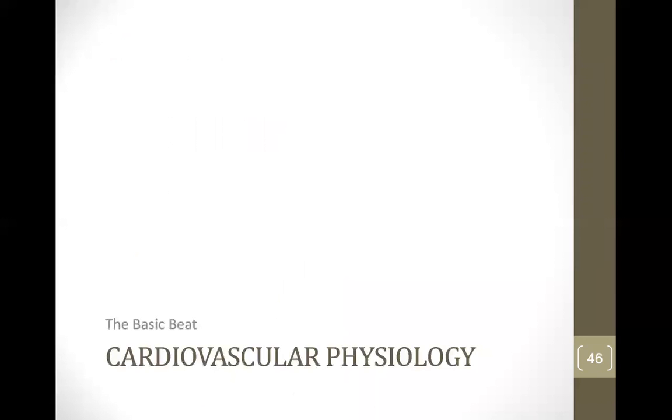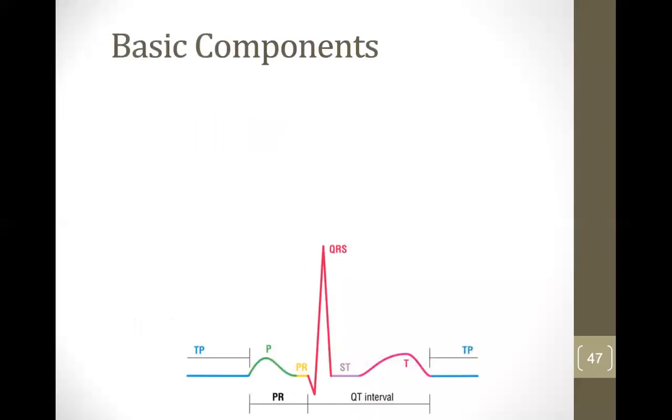Instead, it's actually the electricity of the heart. So let's talk about what we are looking at and what is happening within the heart when we see this graphical representation. We're going to look at the basic beat. This is what a normal sinus EKG rhythm looks like. It's split up into different waves, segments, and intervals. Einthoven is the one who developed it, and he wasn't sure exactly what he was looking for.